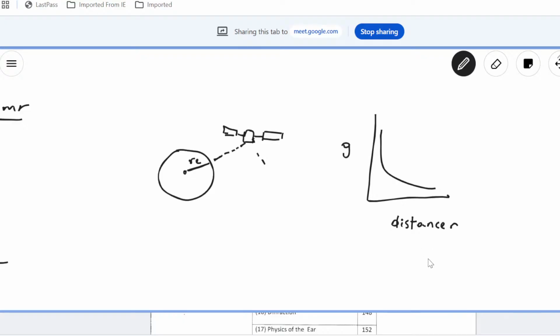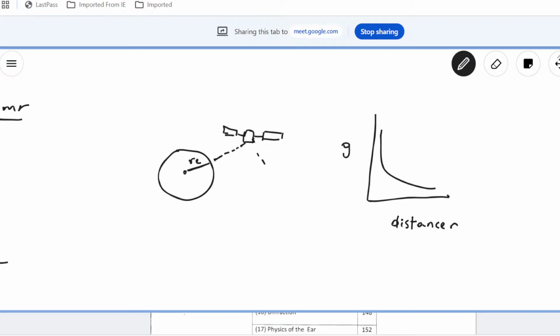So the distance of the satellite is a very large distance, much larger than the radius of the Earth. So the value for g would be much less than the 9.8. Right? I think that's enough. Along with the diagram, that's enough to get it. I think it was 3 marks.